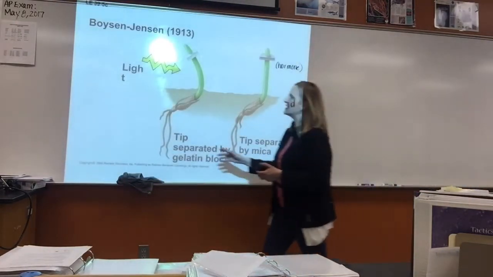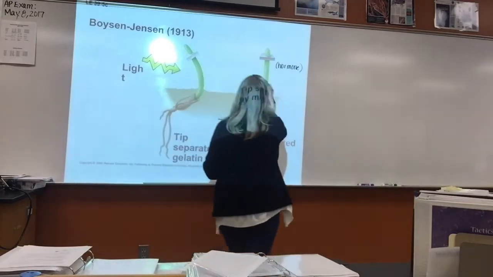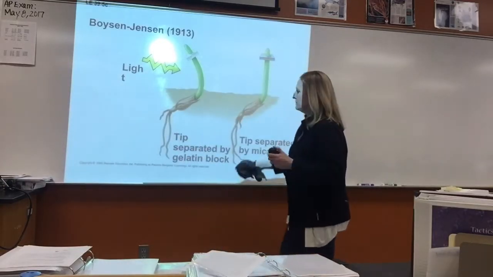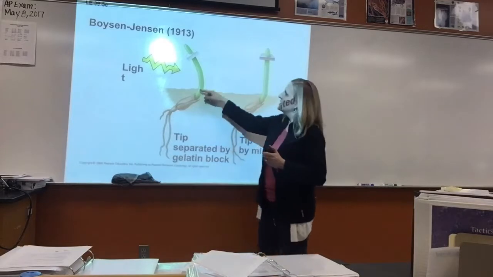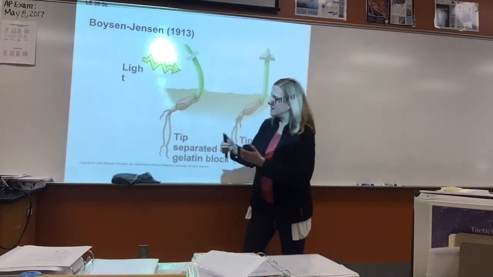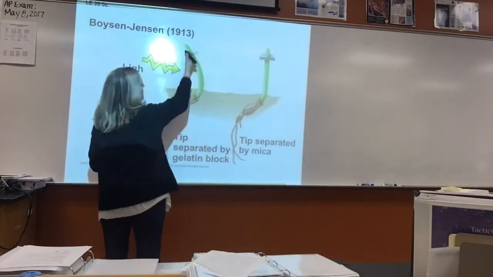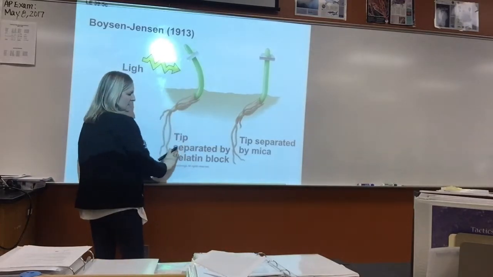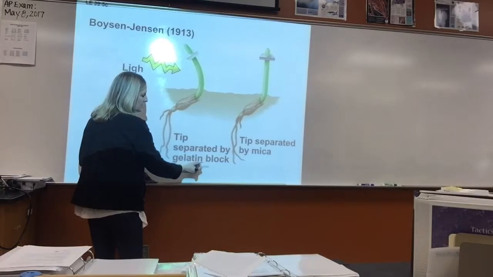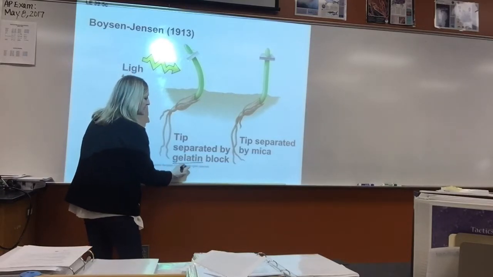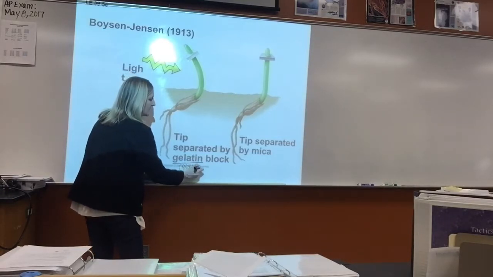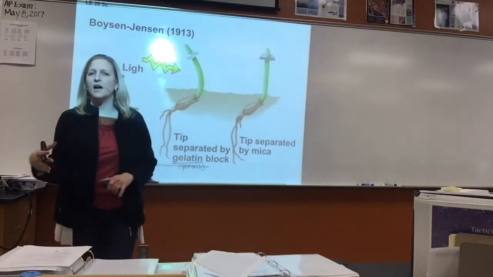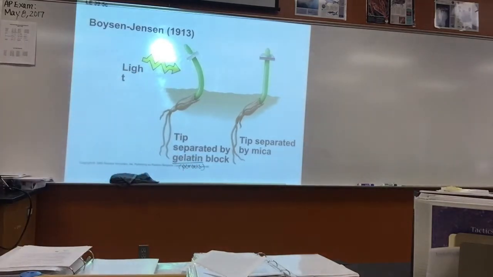So this is his experiment in trying to figure this out. What this picture shows is he cut the tip off. He chopped the tip off, and it says tip separated by a gelatin block. So gelatin block, this is porous. All right, so gelatin is what Jell-O is made from, right?